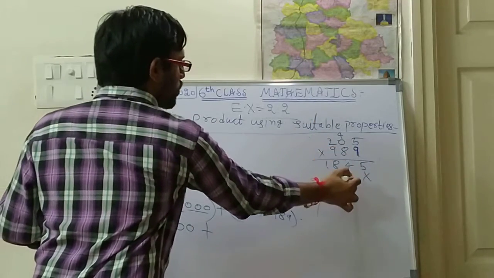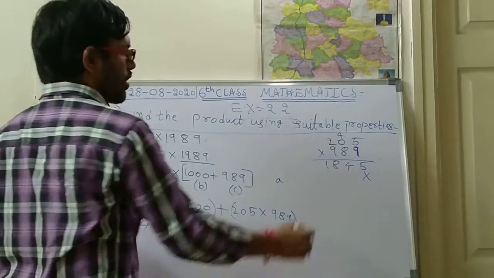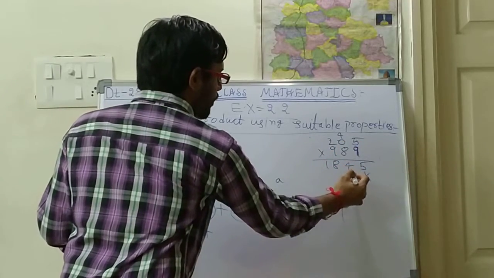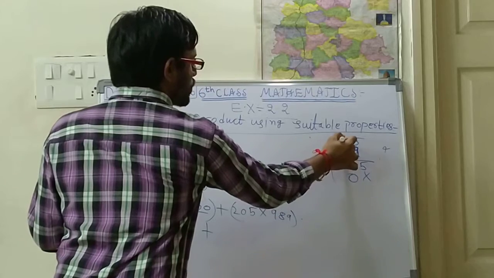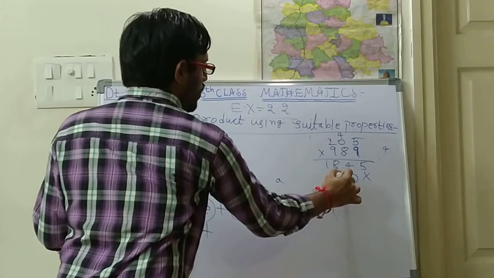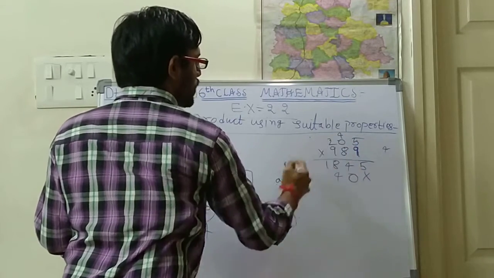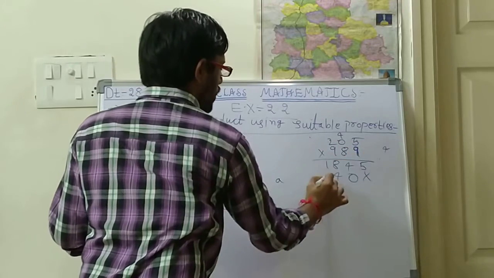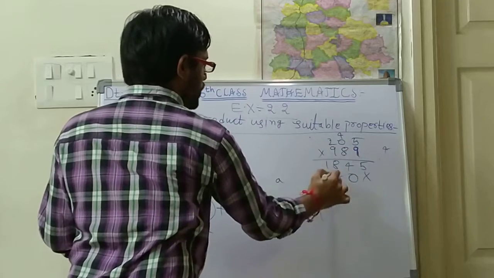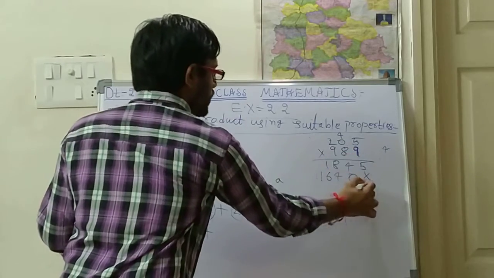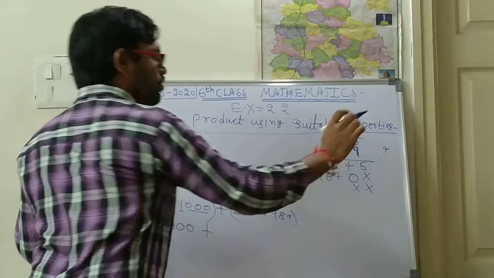Now from the tens place onwards you should start. 8 5s 40, 0 and 4. Next 8 zeros 0, plus 4 is 4. Next 8 2s 16. The same number will come. So the tens place is also completed.